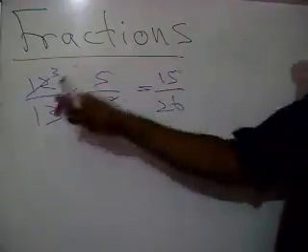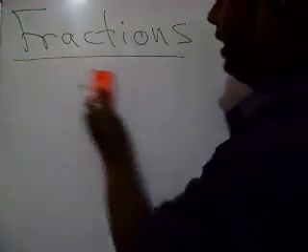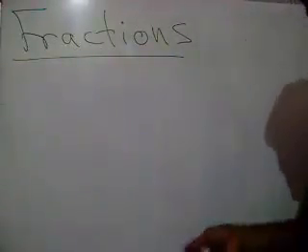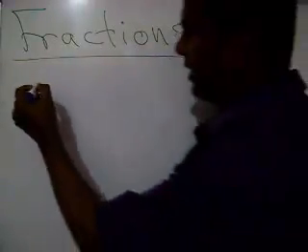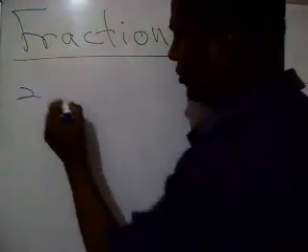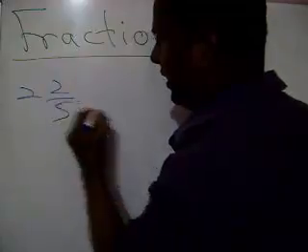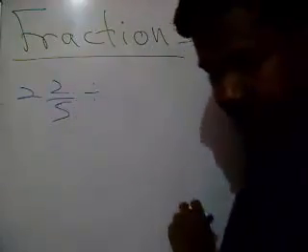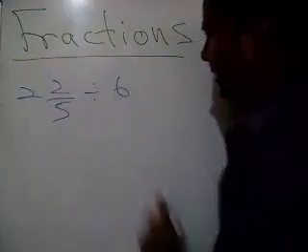So now we've looked at multiplication. Now let's look at an example of division. Let's take a mixed fraction this time: 2 and 2 over 5 divided by 6.